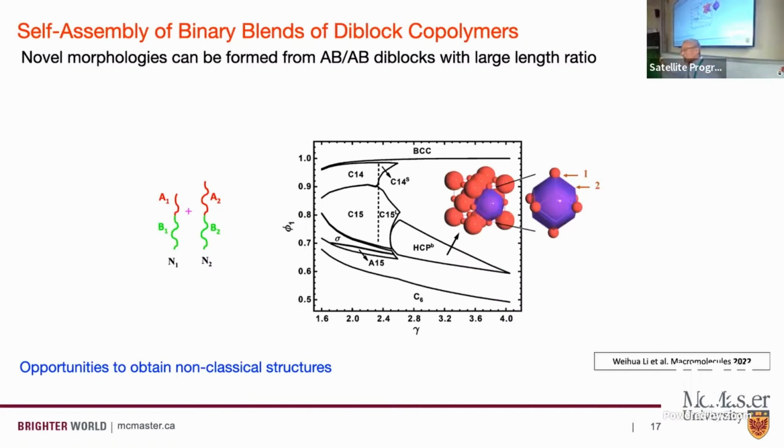Now, the other one, which I think is very, very interesting to me, is that if you make this to extreme, that is to say, you take two AB diblocks. If you make one A very, very long, what's going to happen? That is to say, the phase diagram I showed is in this region. Now, this is the ratio of the two polymers. If you make this very long, then what happens is that at some point, the long and short ones don't like to be mixed together.